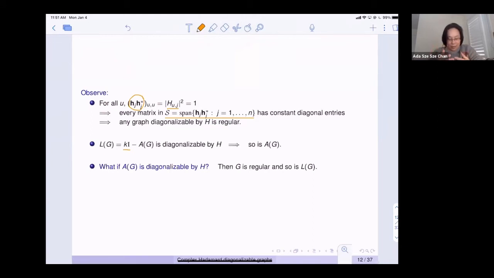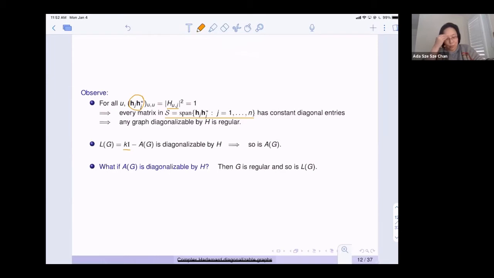Now I know that the graph is regular, so the adjacency matrix is also diagonalizable by the same complex Hadamard matrix. I kept thinking: is it possible to have a graph that is not regular, but whose adjacency matrix is diagonalizable by some complex Hadamard matrix? Now that complex Hadamard matrix might not be dephased. So is it possible?